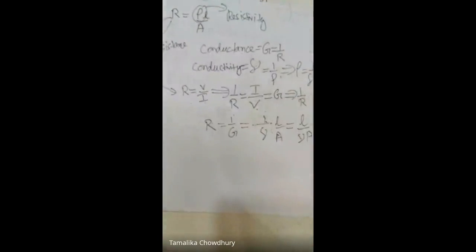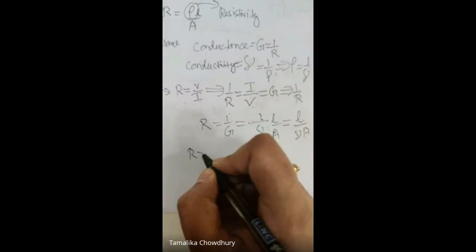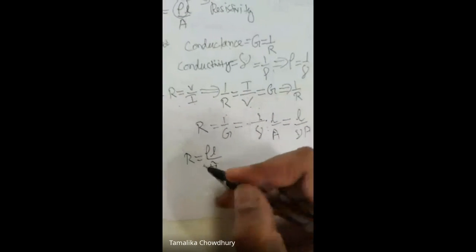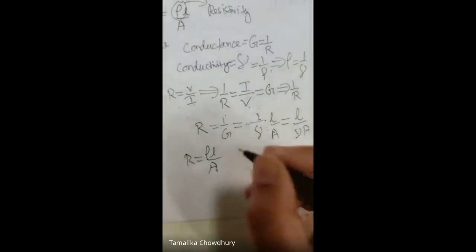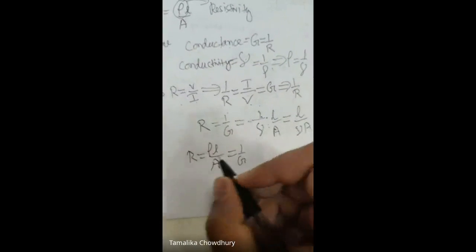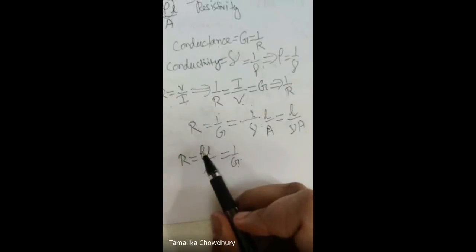Ma'am, last step explain once again. Okay, I am writing this equation again. R is equal to rho L by A. If R is equal to rho L by A, then this is also equal to 1 by G, because R is equal to 1 by G. And this rho is equal to 1 by conductivity, or gamma.